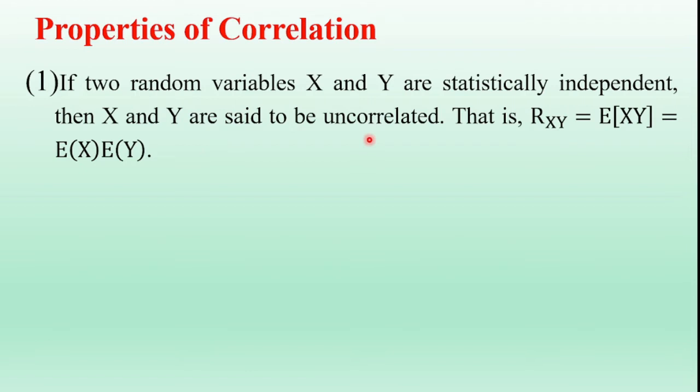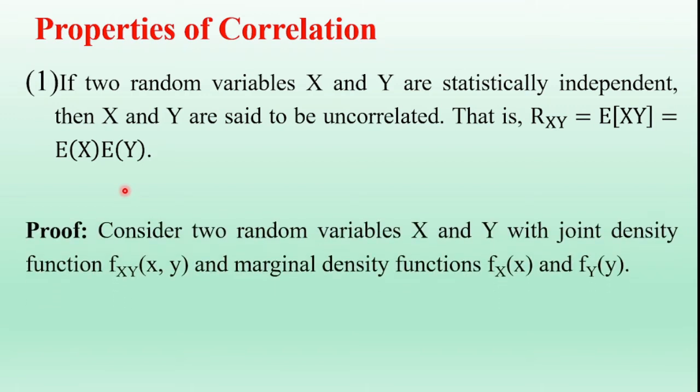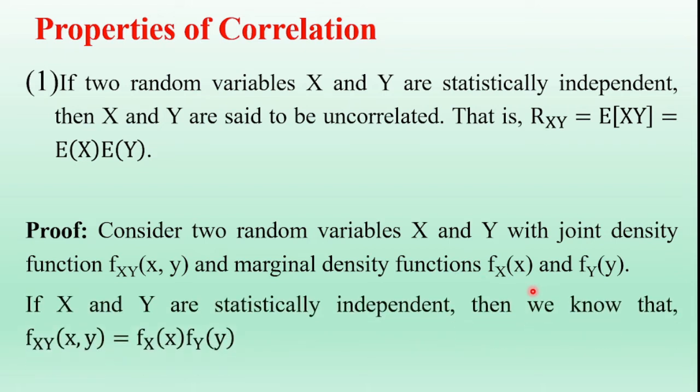That is, R suffix XY is equal to expectation of XY is equal to expectation of X into expectation of Y. The proof of this property: consider two random variables capital X and capital Y, with joint probability density function fXY of x comma y, and marginal density functions fX of x and fY of y. If X and Y are statistically independent random variables, the condition of the joint probability density function is fXY of x comma y is equal to fX of x into fY of y.